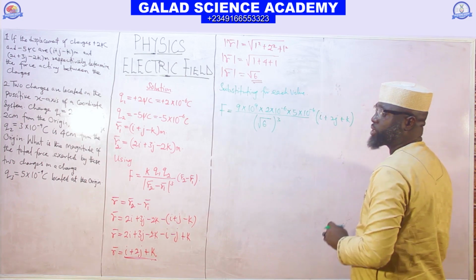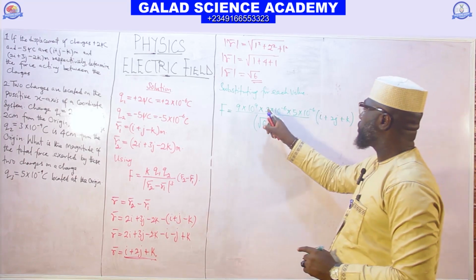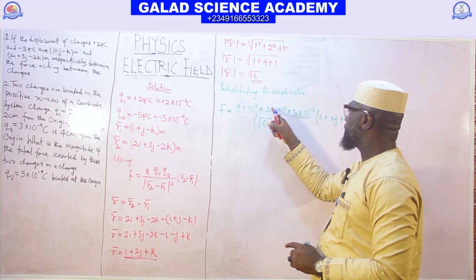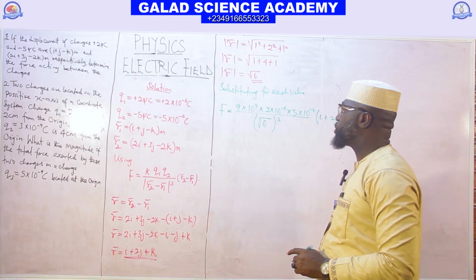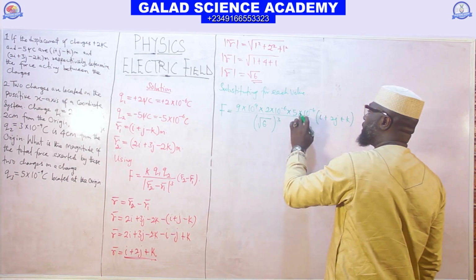So if we press the calculator, 9 times 2 times 10 times this, it will give us 90. Then this is minus 12.